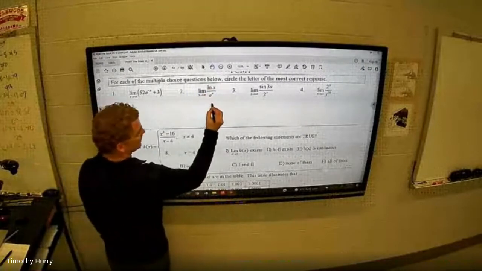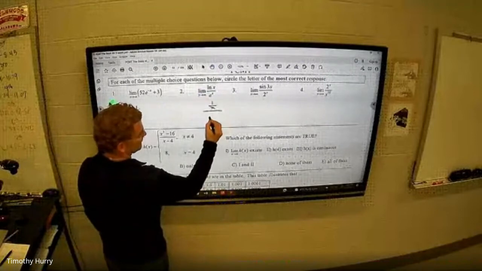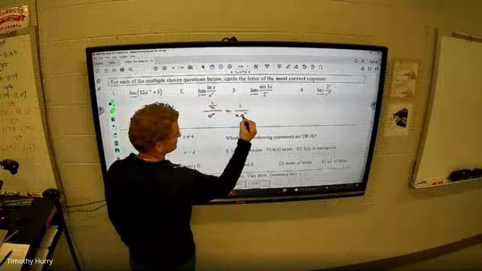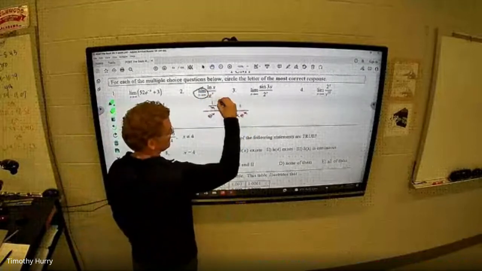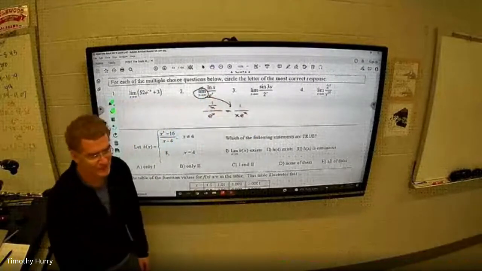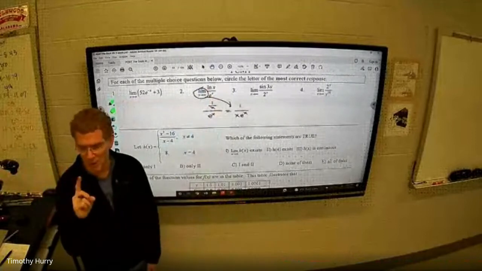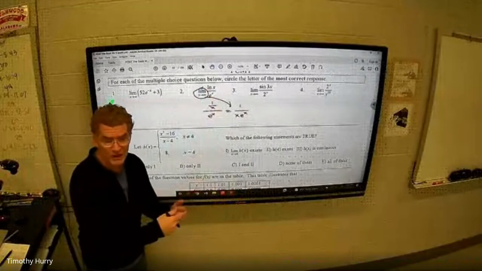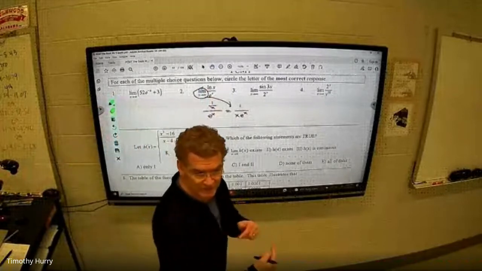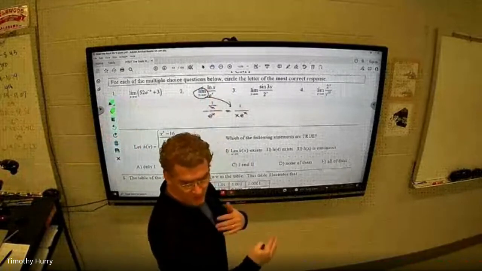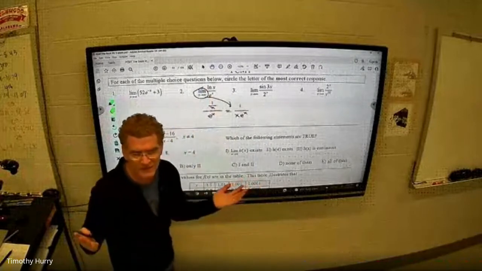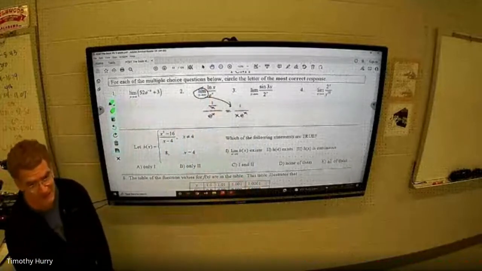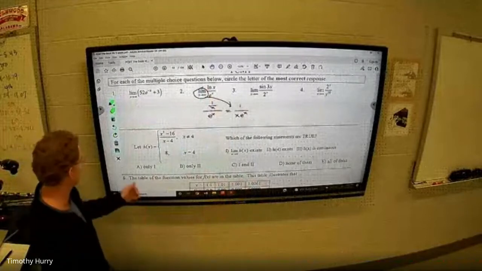I get 1 over x on the top divided by e to the x, which is the same thing as 1 over x e to the x. And if I redid the limit of that, what happens? Huge on the bottom, 1 on the top. So right there, if you knew L'Hopital's rule, which you will, and you'll revisit limits once you learn derivatives, I'll start giving you L'Hopital's problems and you'll go, oh yeah, I could have done this and I didn't even have to think so much. Although I will say the thinking part is kind of smart and kind of nice and it saves time sometimes.